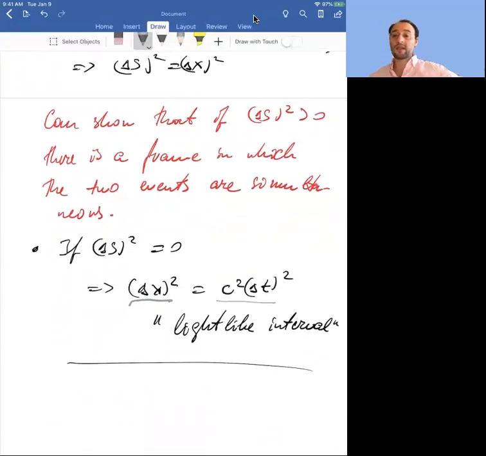You have event 1 and event 2, and event 2 can be reached from event 1 only by a light signal. So if delta x over delta t equals c, then only light can jump from event 1 to event 2. Only light can make it, and it's called a light-like interval.